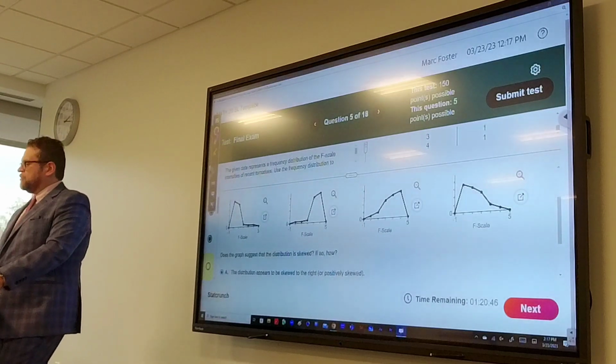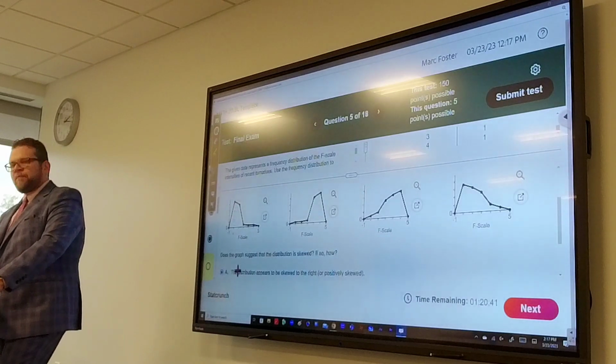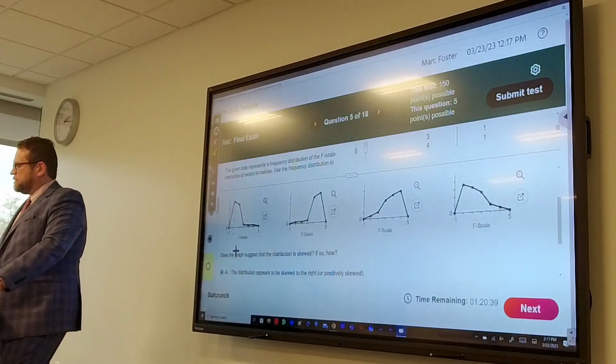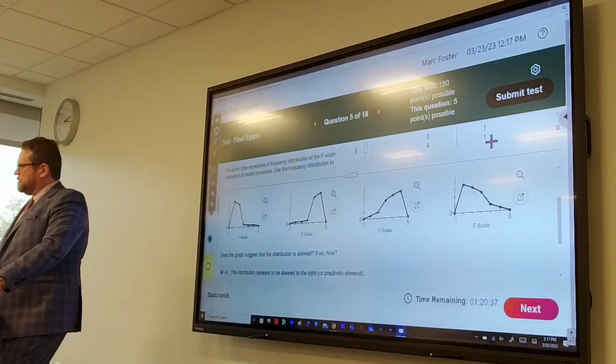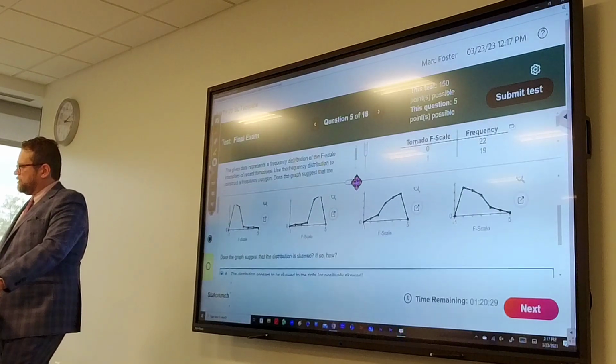When you're looking at a distribution shape like that, your median is at the tall part, right? Look at how many F-scale tornadoes were in that category. There were 22 of them that were F0.